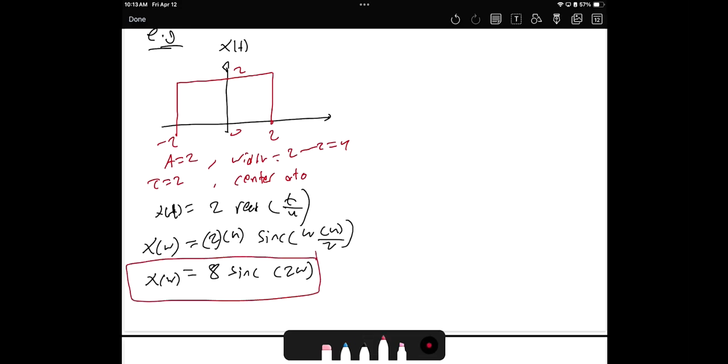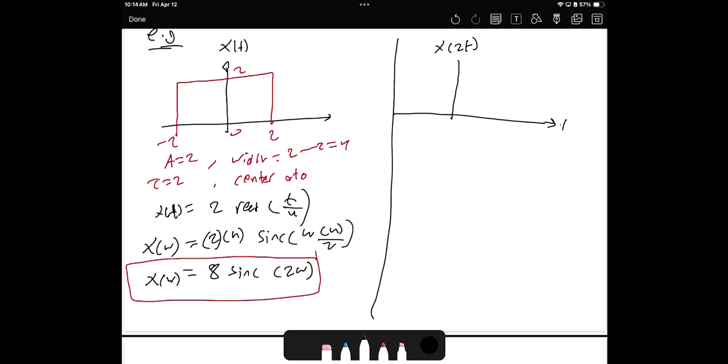That's what we want. Then let's assume another scenario, which is x of 2t. How will the waveform look? This will change only in the time axis, while the amplitude will be the same.